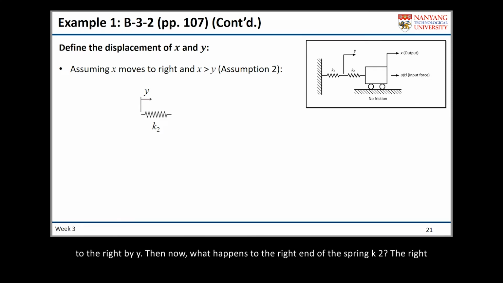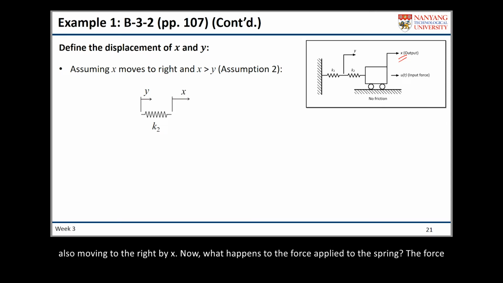And then now what happened to the right end of the spring K2? The right end of spring K2 is connected to the mass. While in our assumption, the mass is moving to the right side by x. What does it mean? This means the right end of spring K2 is also moving to the right by x.